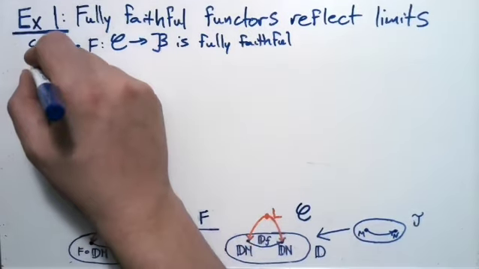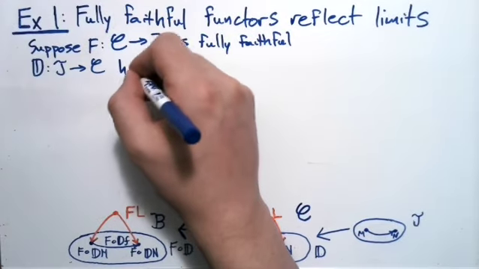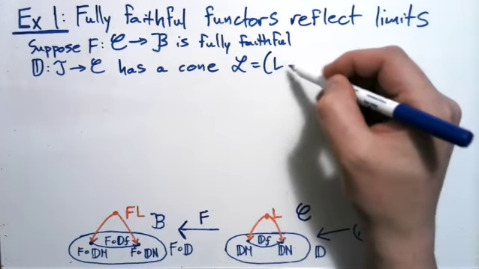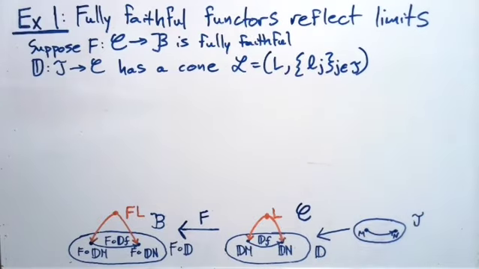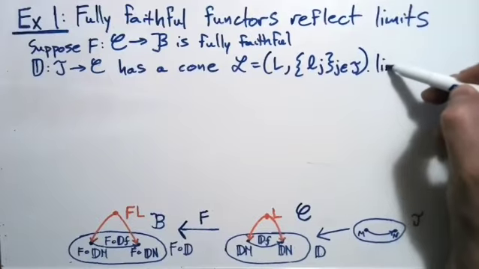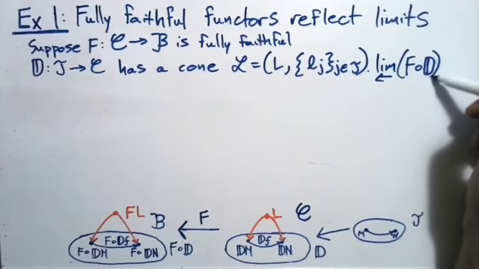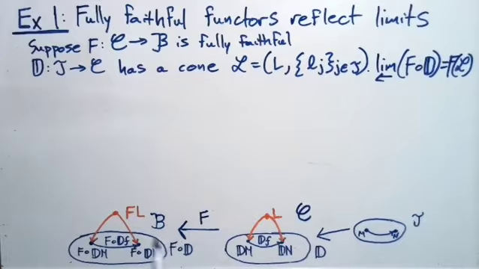And suppose that D goes from J into C, it's a diagram, and has a cone L, which consists of a vertex and legs LJ for every J in J. And suppose that the limit of the diagram that we get when we apply F to our diagram D, so that is F after D, is actually F of L. So it's the image, just like we explained for the definition.